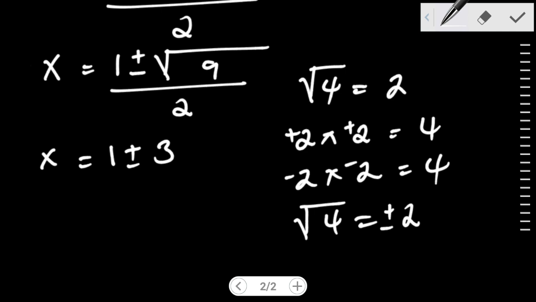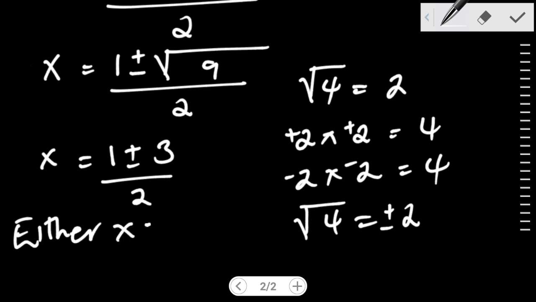So let's continue. This is all over 2. This is now x for the first time, that's why we use words like either and or. So either x equals, now let's start with the positive, 1 plus 3 divided by 2.